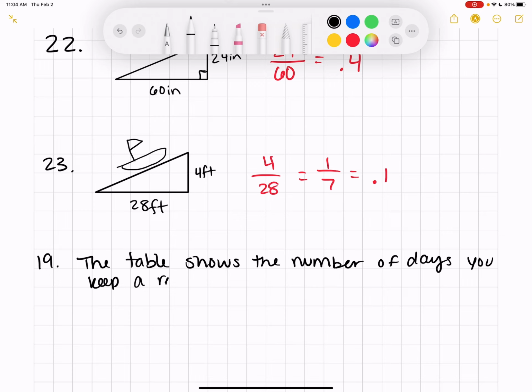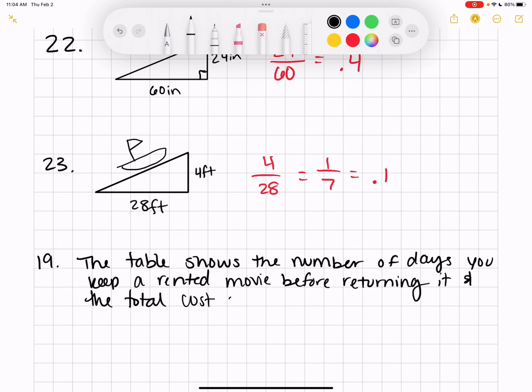Keep a rented movie before returning it. And the total cost of renting the movie.